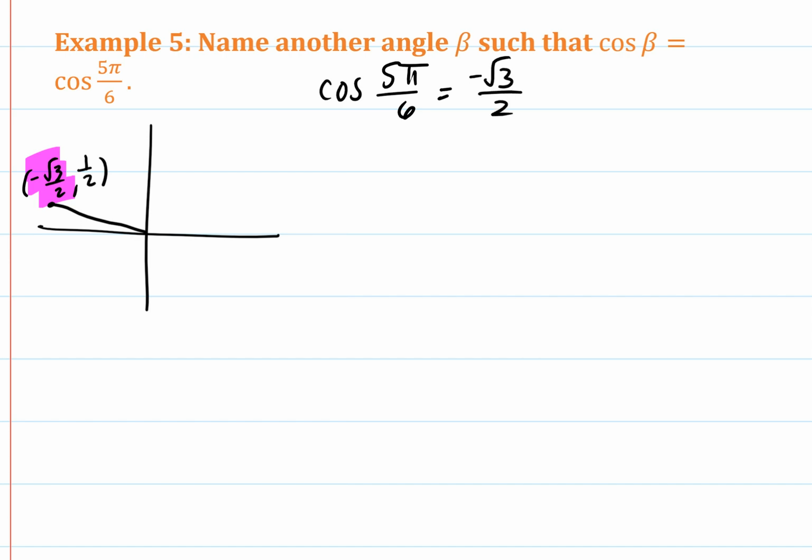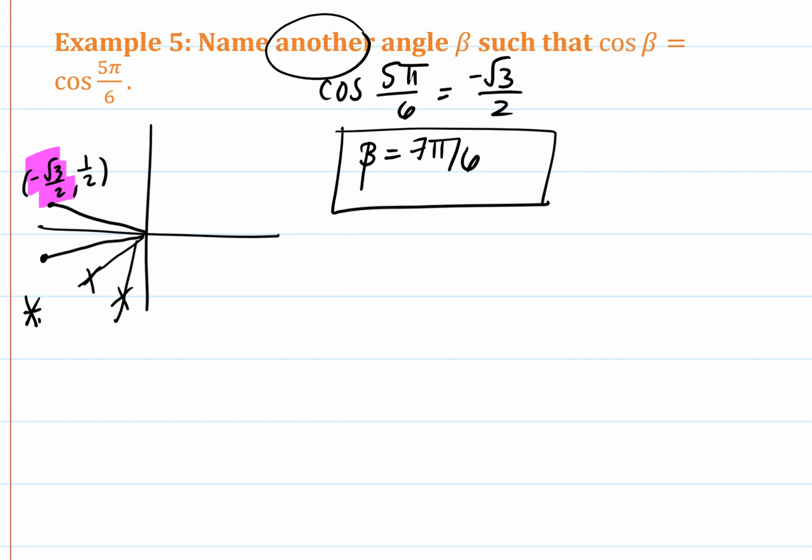So we need a negative x value that puts us in the third quadrant, and it has to go over just as far. It can't go over a shorter distance, so we're ruling out the pi over 4 in there, the pi over 3 in there. So the other angle beta would be 7 pi over 6.